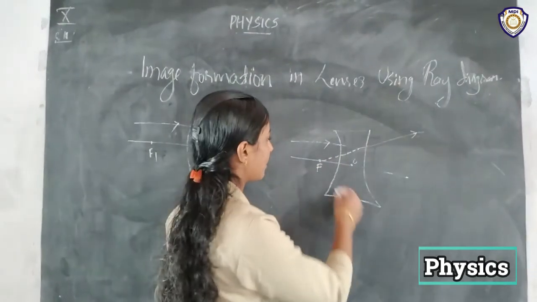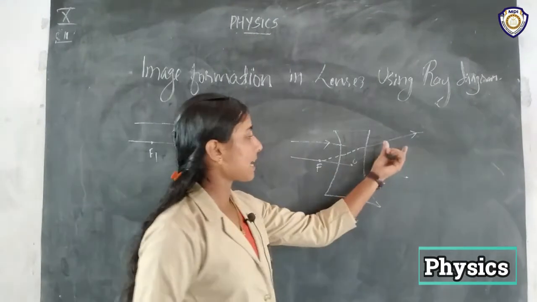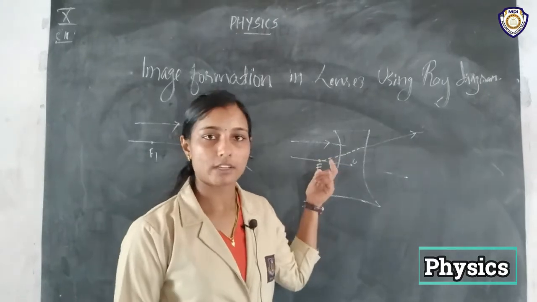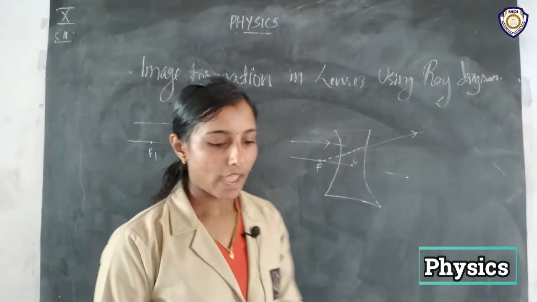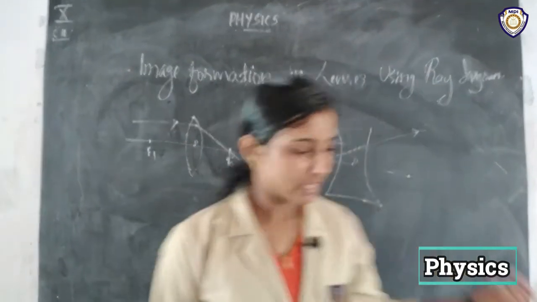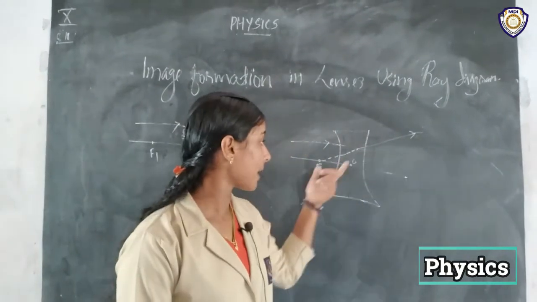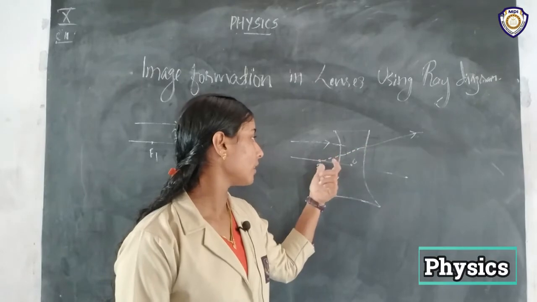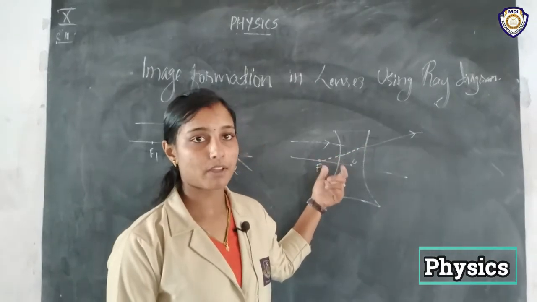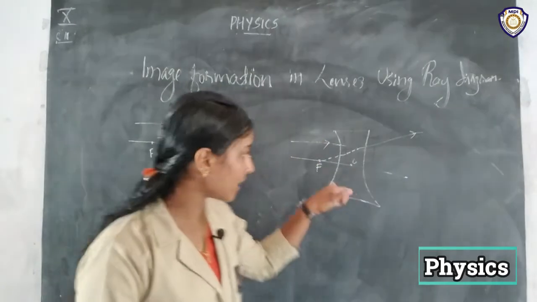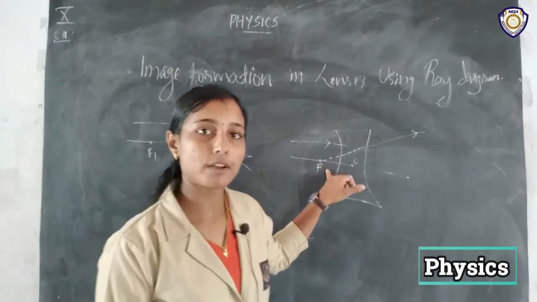When we extrapolate these diverging rays backwards, they meet at the principal focus, so they are virtually made to converge from this principal focus.